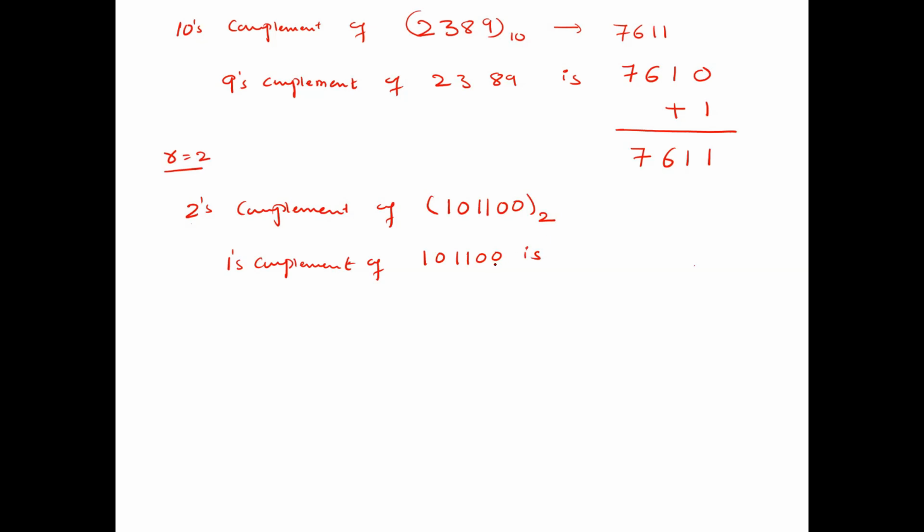Now what it says, subtract the individual digits of the given number from 1, right? So 1 minus 1 is 0, 1 minus 0 is 1, 1 minus 1 is 0, 1 minus 1 is 0, 1 minus 0 is 1, 1 minus 0 is 1. Only in the binary number system, it becomes: make 0 to 1 and 1 to 0. Now, after this, you are supposed to add 1 to that.